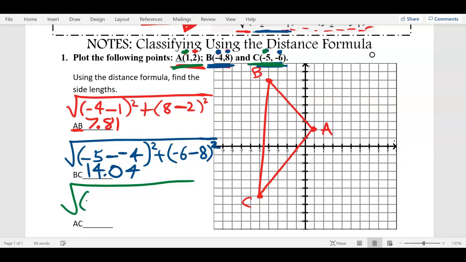So -5 minus 1 squared plus y2 minus y1, -6 and 2. So -6 minus sign 2, parentheses squared. Make sure your square root sign goes all the way across.